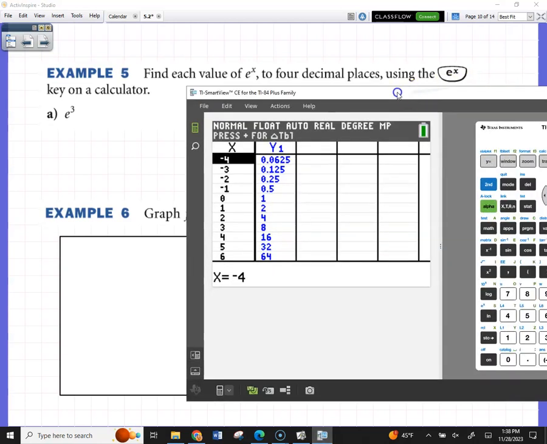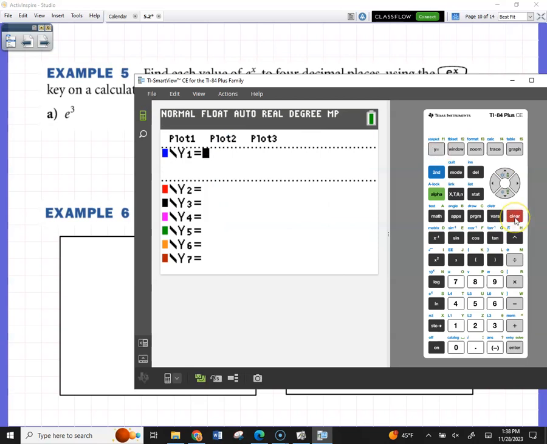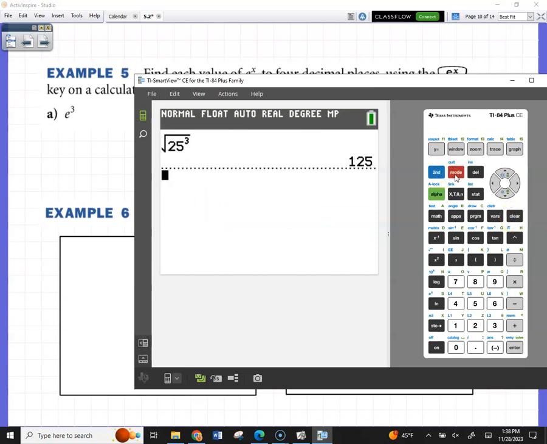Alright, so let me show you how to type it in. Second, division sign, caret 3. If you look at the LN button, you will see the E to the X problem.